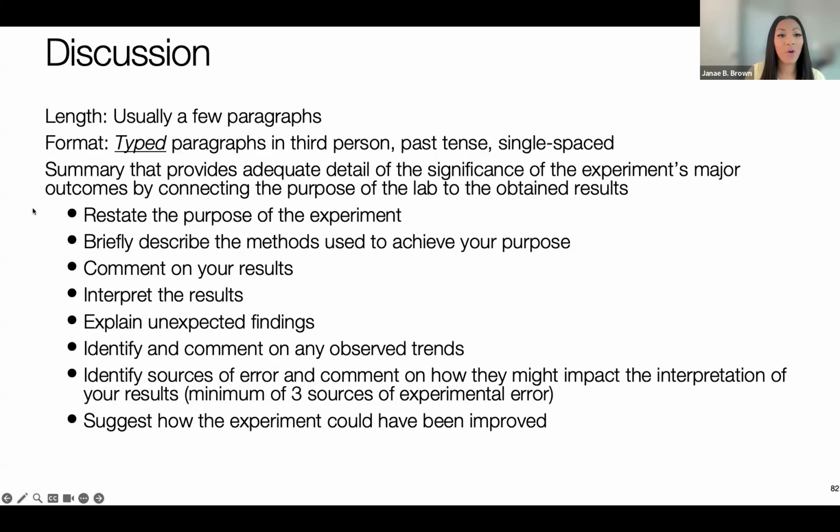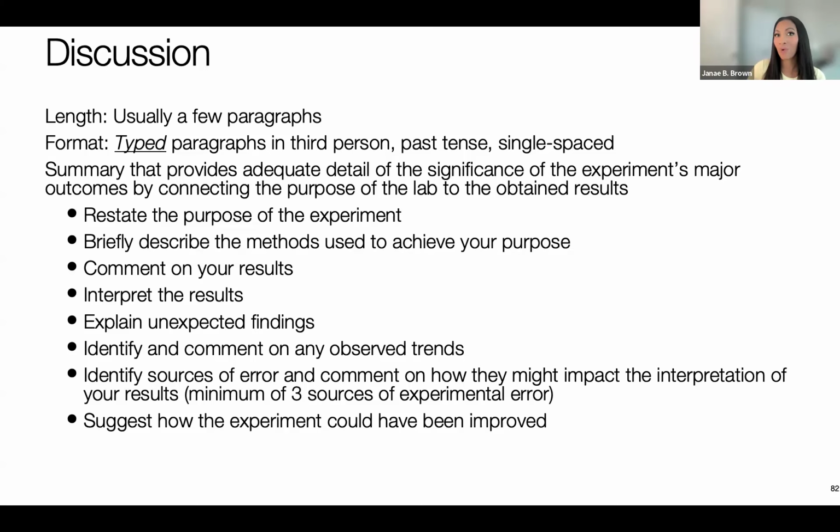So the general overview of your discussion is that you discuss the purpose, not necessarily incorporating it word for word from your original purpose, but just giving a frame of why you've done the experiment in your discussion to start out as an introduction. And then you're briefly going to talk about the methods that you used to achieve your purpose. So maybe you performed a titration, maybe you used gravimetric analysis. So whatever method that is, you want to include that.